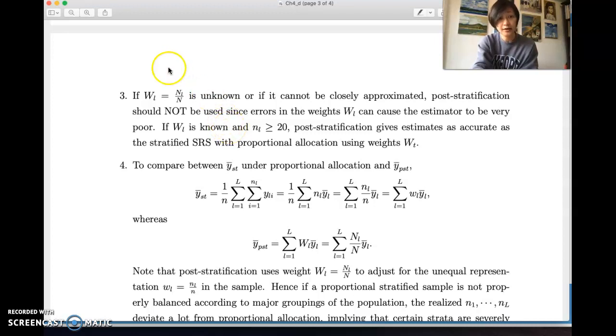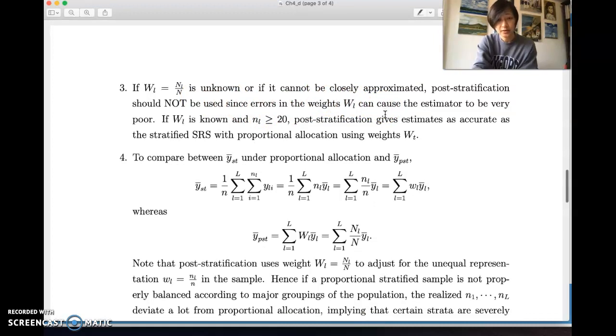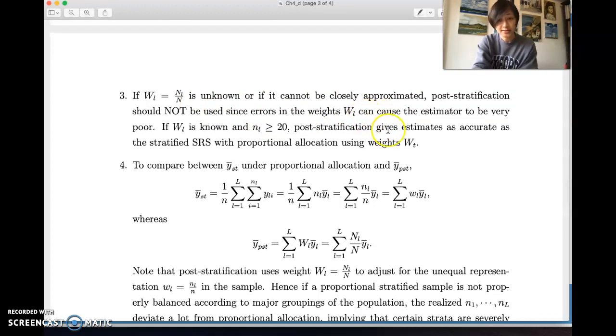If we don't have that capital NL, we cannot closely approximate the post-stratification weighting and the estimate. So post-stratification should not be used if we don't have the weighting of the populations. We would make a very poor estimate.